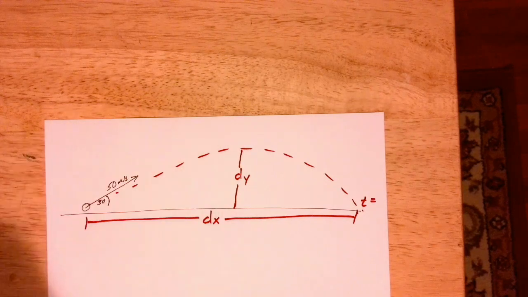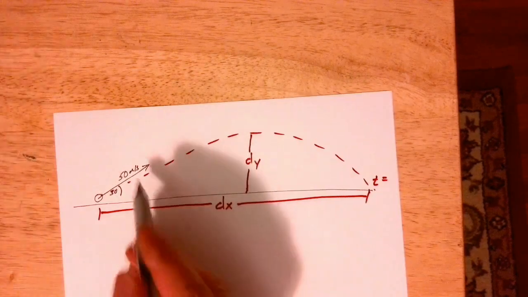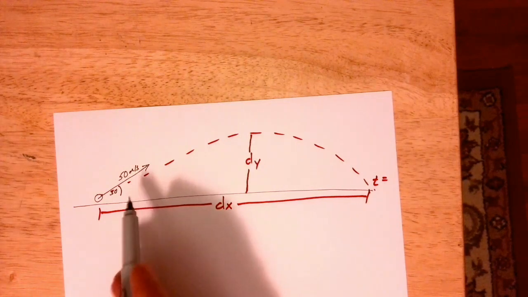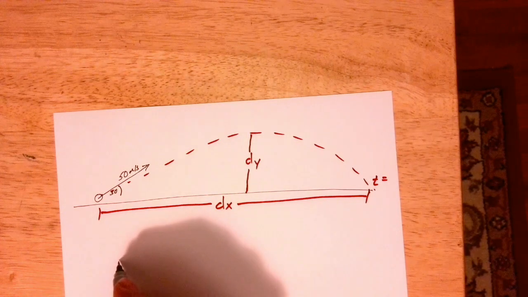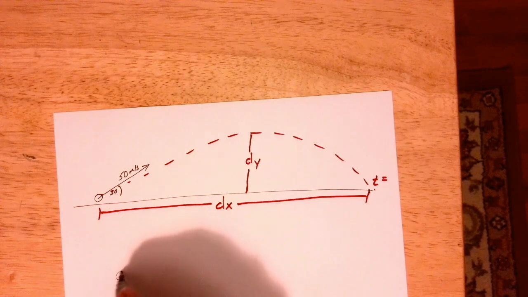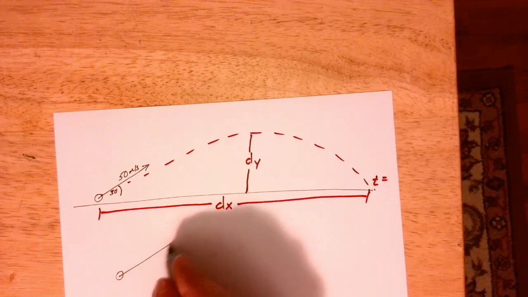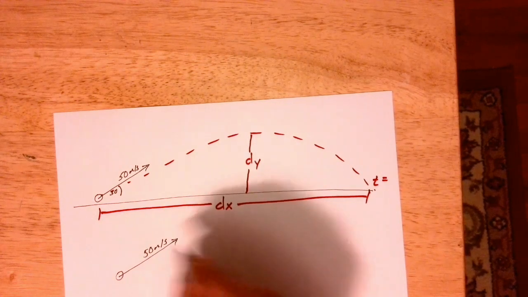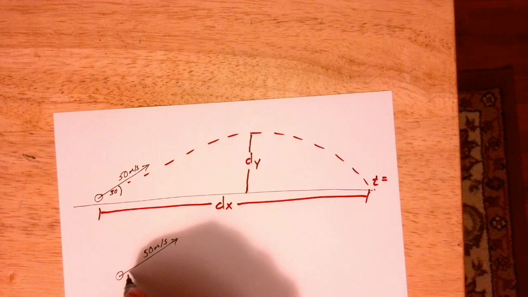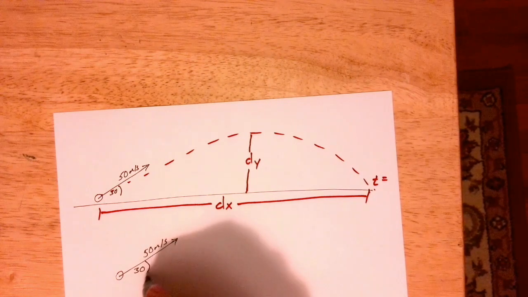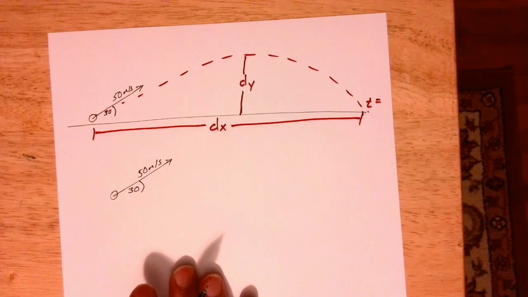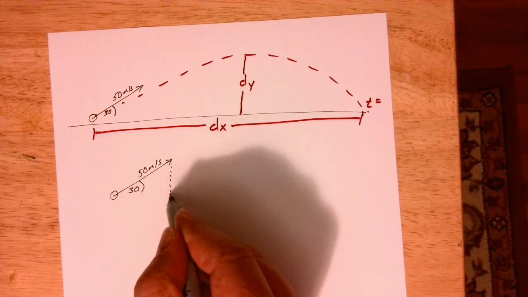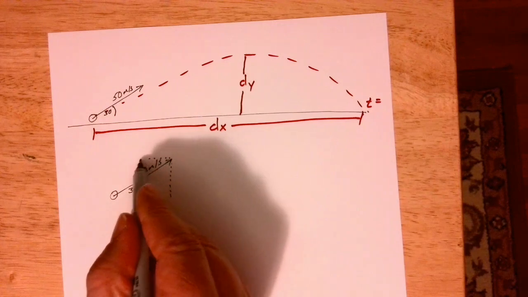So before we start answering these questions, we need to break this down into its two component directions. So let me redraw this. We have a projectile at 50 meters per second, and it's 30 degrees above the horizontal. So what we need to do is break this down into its x and y components.